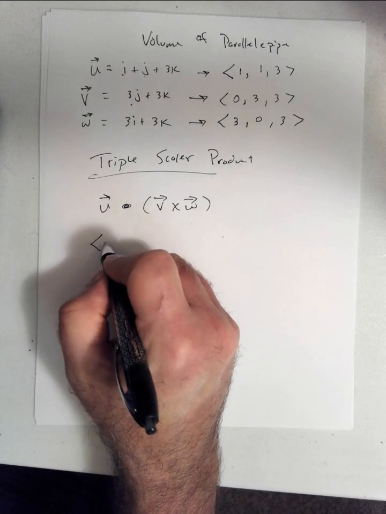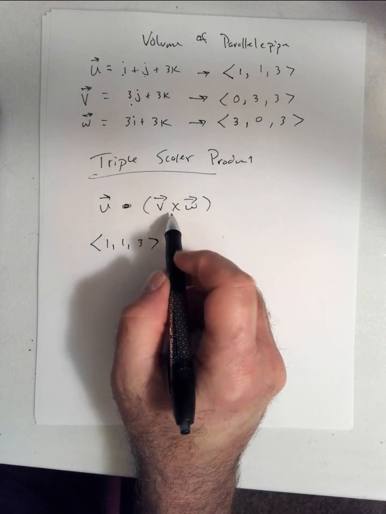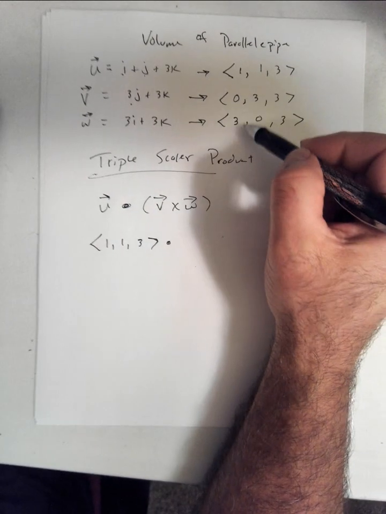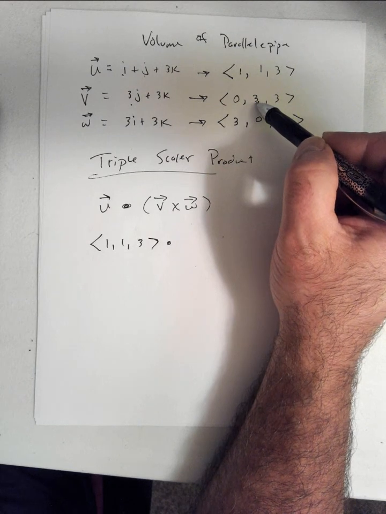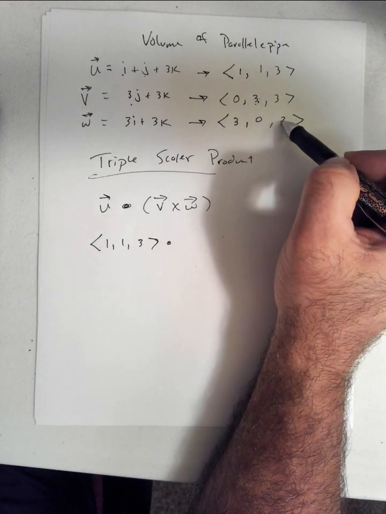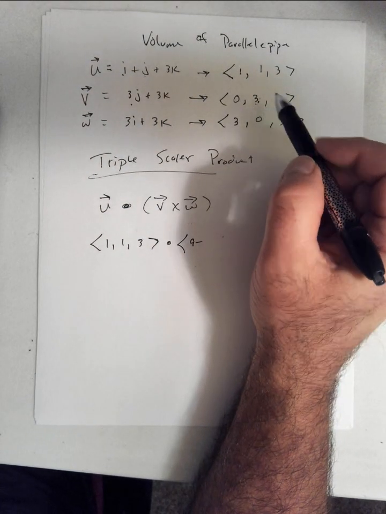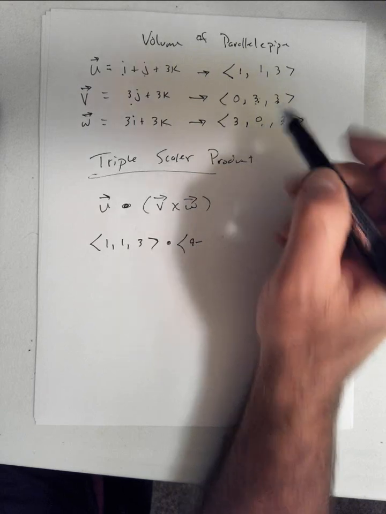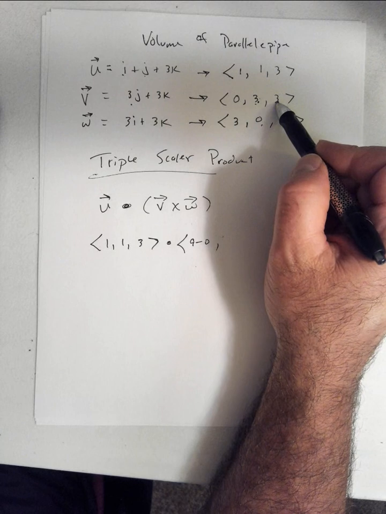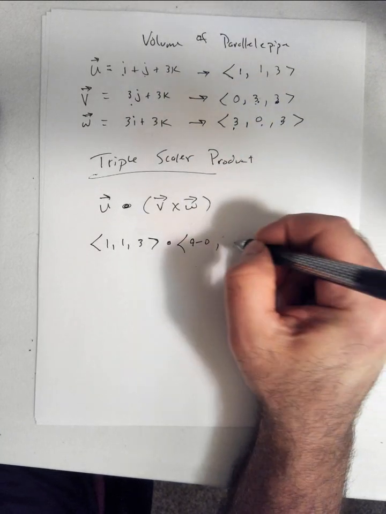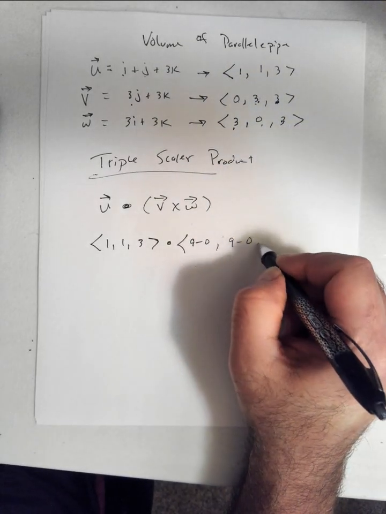So U, 1, 1, 3, and then we have to perform the cross product, and again, going back to that formula between these two, it's V2 times the third one, so that's 9, minus 3 times 0. The second one is the third times the first, which is 9, minus the first times the third, which is 0.